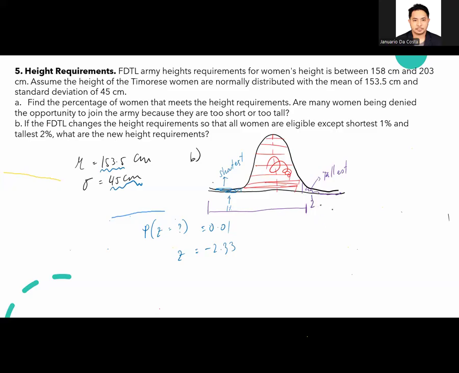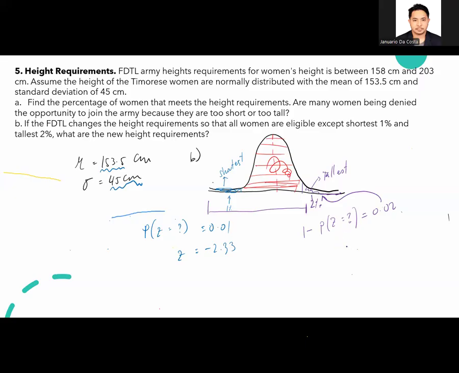You don't know it. So 1 minus the probability of that z value that you don't know has to be equal to 0.02.